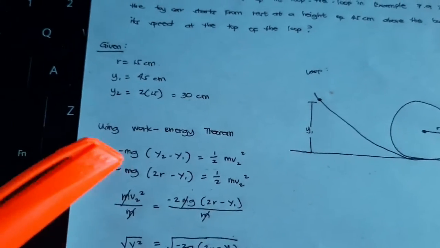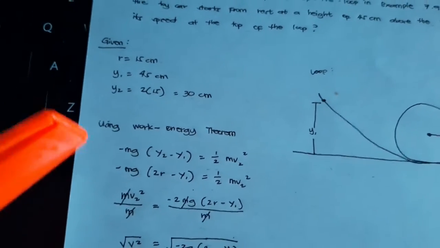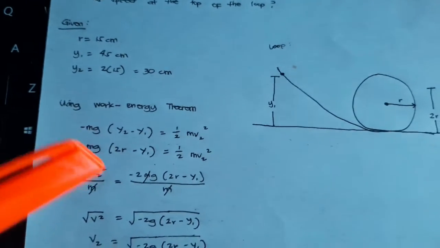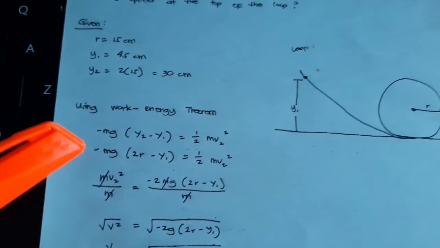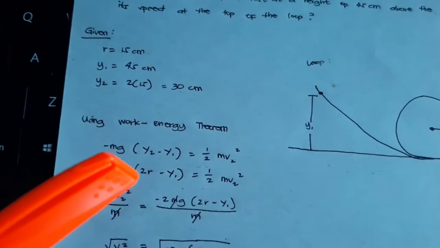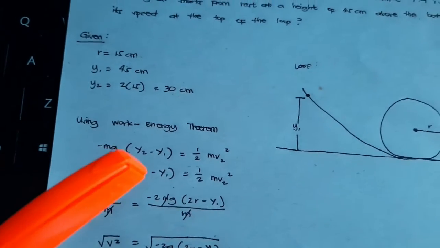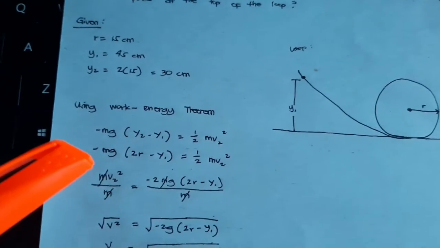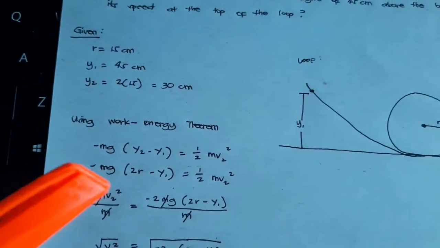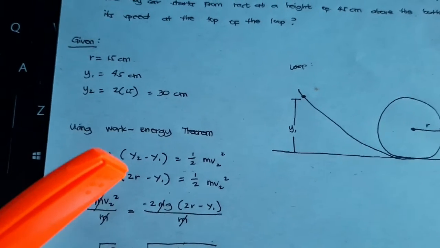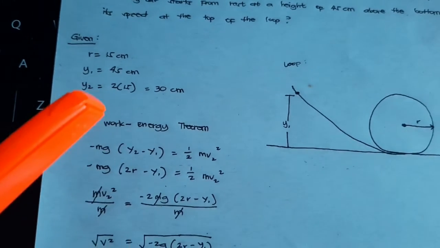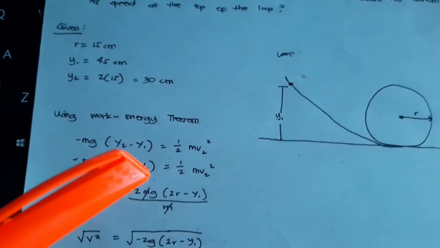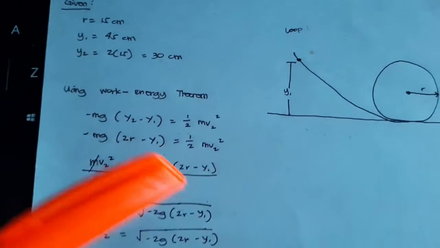So using the work-energy theorem, provided from the book, we come up with this formula: negative mg times y2 minus y1 is equal to 1/2 mv squared.